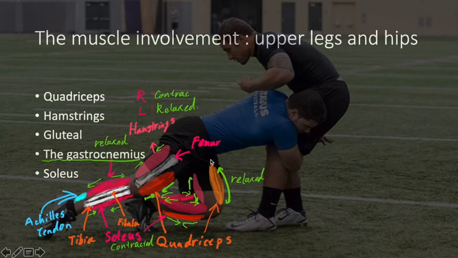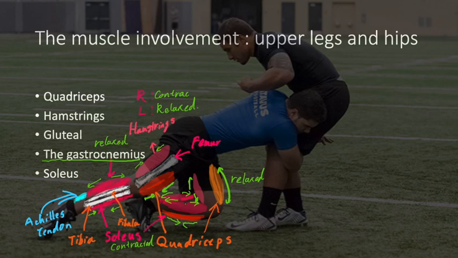And then for the left leg, the quadriceps is relaxed, and the hamstring is relaxed as well, and then the left gastrocnemius has to be relaxed, and then the soleus has to be contracted. So that's why we do so much stretching before we play.